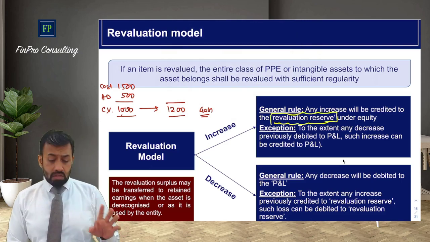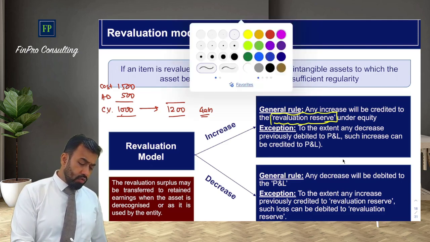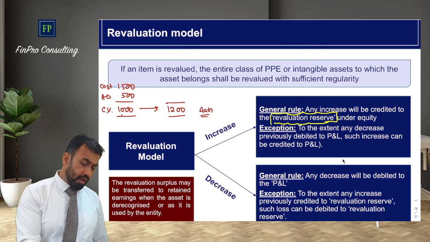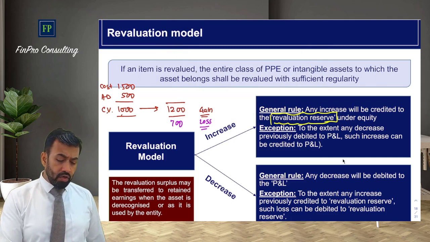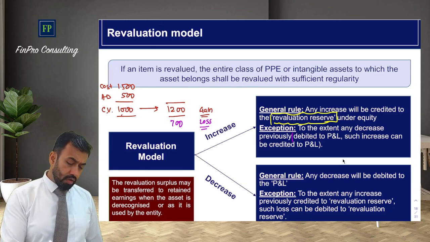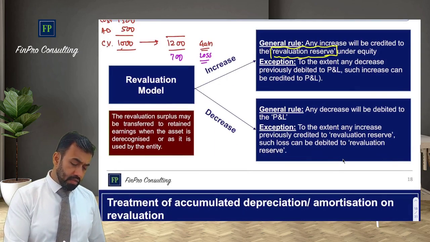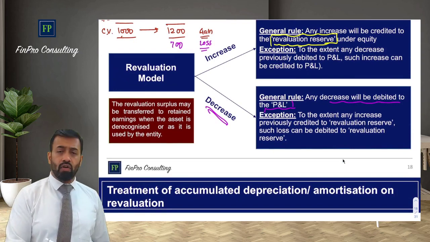And if it's a loss, let's say, if it comes down to 700, then it's a loss. This loss is debited to profit and loss account. Sorry, not this one. Decrease is mentioned here. So any decrease will be debited to profit and loss account.